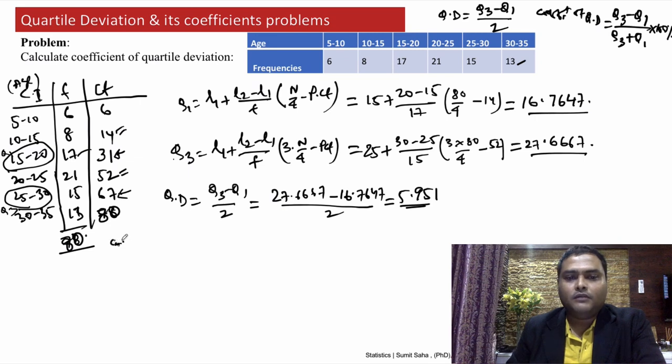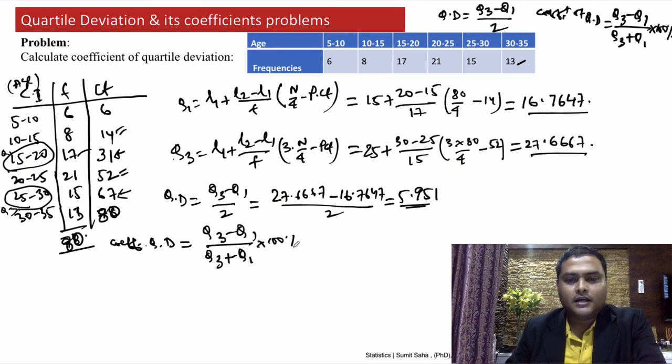Now what will be the coefficient of quartile deviation? The formula is (Q3 minus Q1) divided by (Q3 plus Q1) multiplied by 100%.